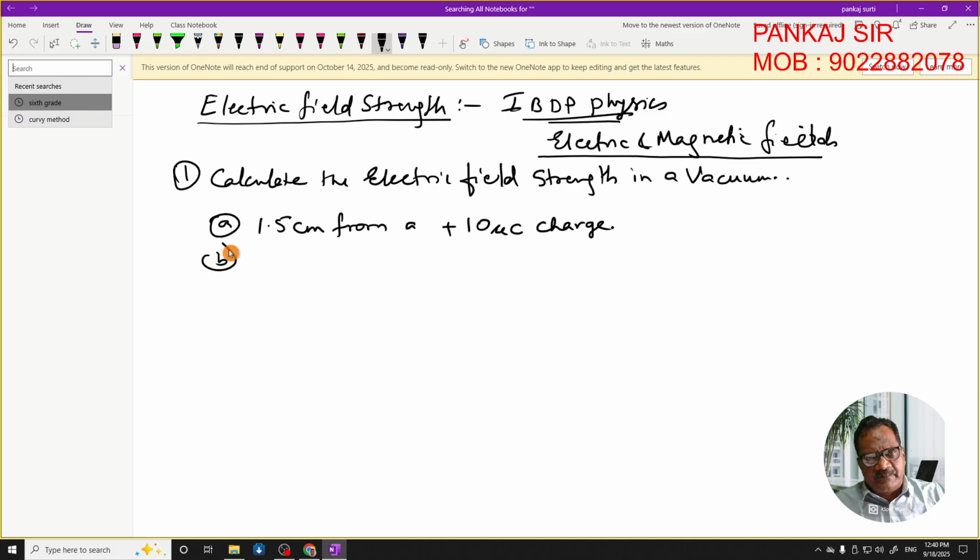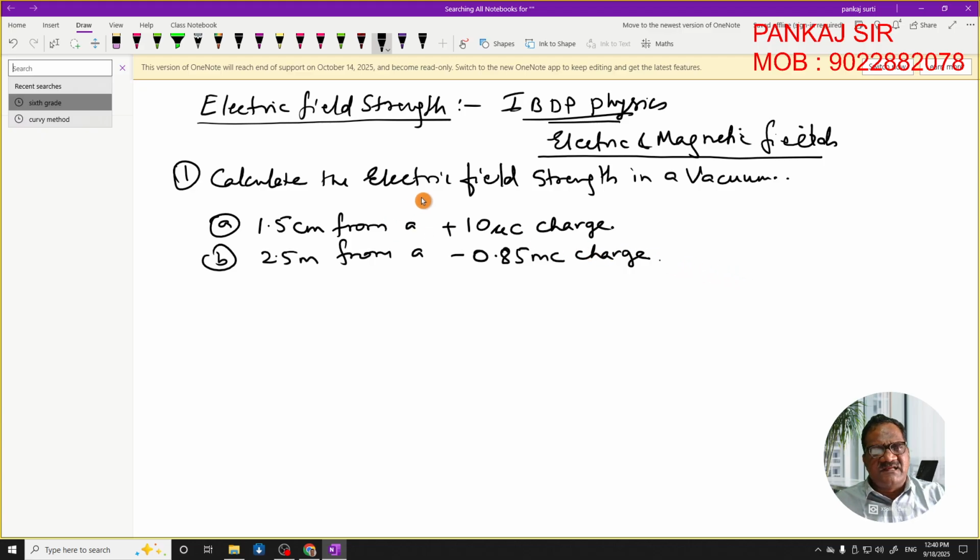B: 2.5 meter from a negative 0.85 millicoulomb charge. Okay, so this is the numerical that you are going to solve today.